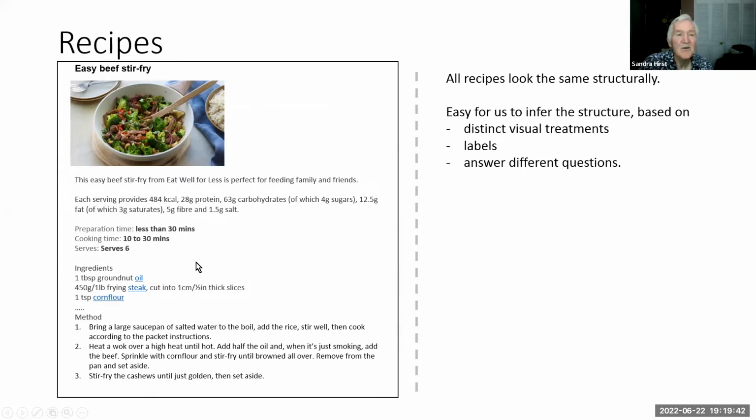Now let's look a bit more closely at the first two sentences. This easy beef stir fry, blah, blah, blah, is a description. Each serving provides 484 kilocalories, blah, blah, blah. That's dietary information. Do we consider that as one thing or two things? Well, conceptually, they're different.